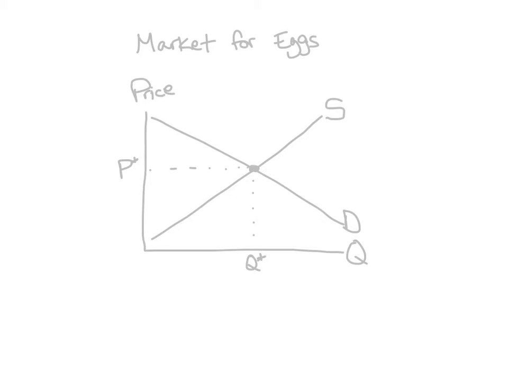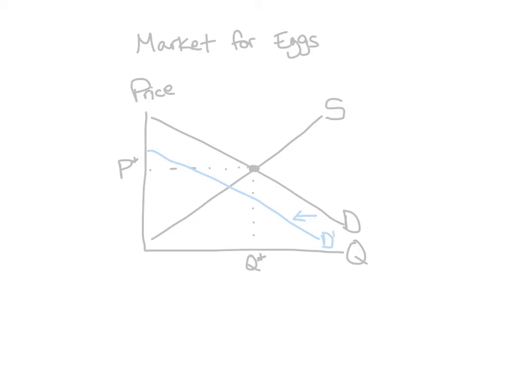What might we think would happen in the market for eggs as a direct result of this health warning? Well, we would probably expect some people to reduce how many eggs they eat or to stop eating eggs altogether. So the demand curve would shift in, or to the left, and we can call that new demand curve D prime.